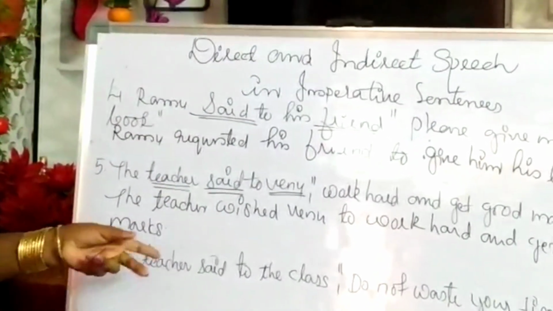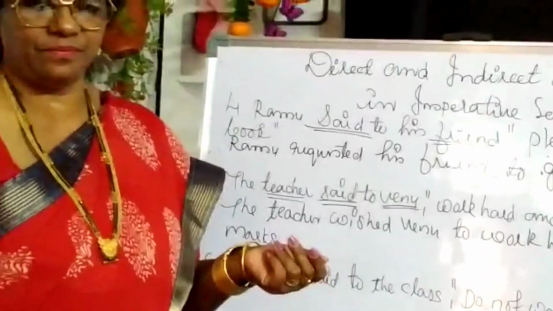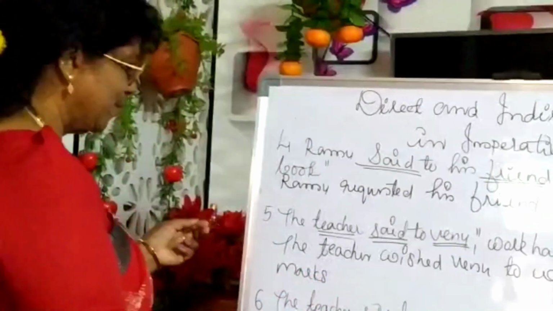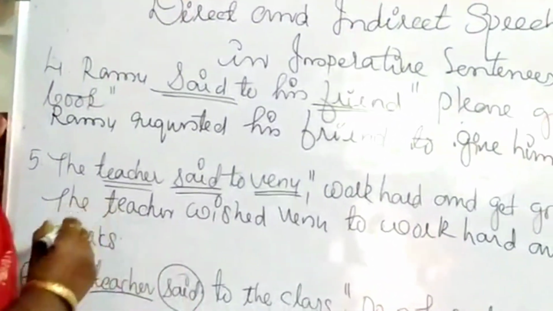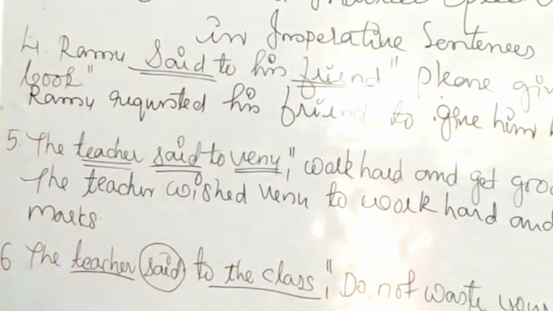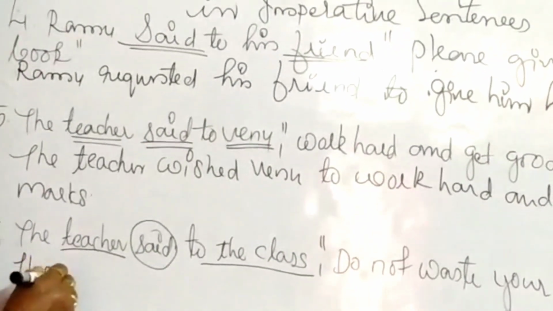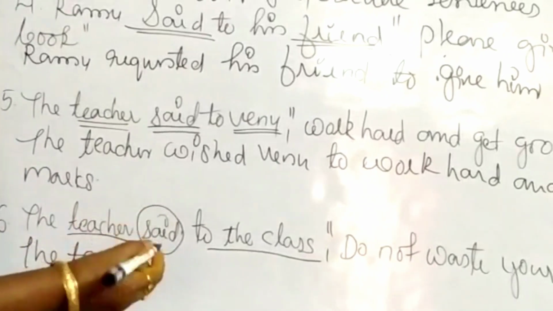Next one. The teacher said to the class, "Do not waste your time." This is advice. So the teacher is the subject, said is the reporting verb, and the class is the object. So, the teacher advised the class.